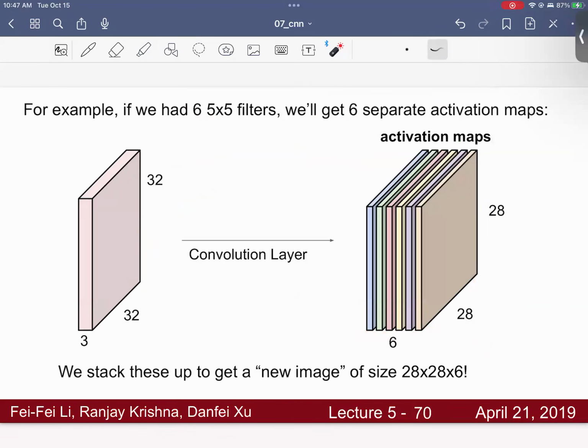So now your original image used to be 32 by 32 by 3, but after a single convolution operation with 6 5 by 5 filters, your image now has a changed dimensionality, which is 28 by 28 by 6. So it was compressed a little bit spatially. It started from 32, but now we're at 28. But your depth is now 3 to 6. So there's a bit of a trade-off.